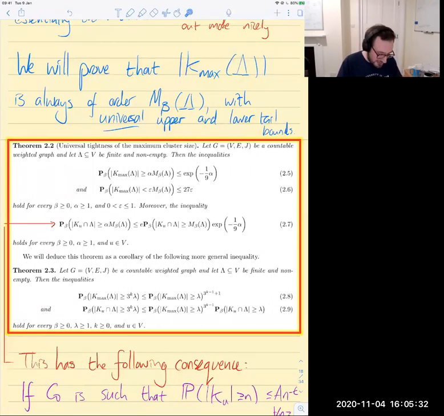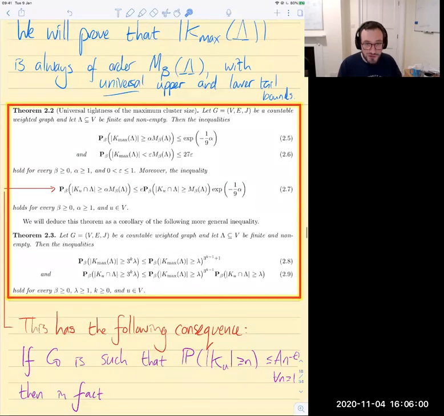It says that the probability that this maximum cluster is bigger than its typical value by some ratio alpha is always exponentially small in alpha, completely universal. Similarly, the probability of being smaller than its typical value by a factor of epsilon is always at most linear in epsilon.